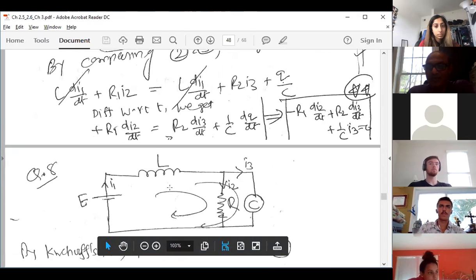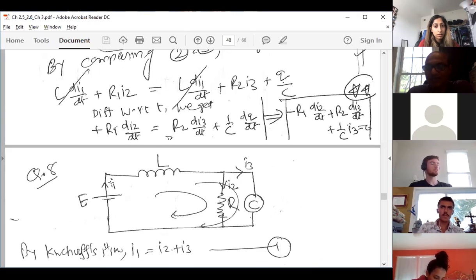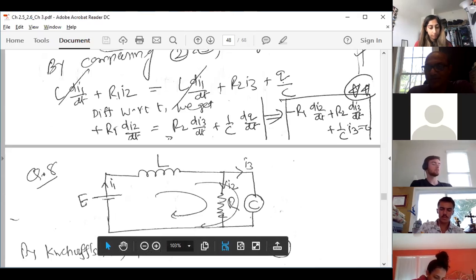Again, this circuit is given to us. 2 loops are there. Current I1 is bifurcated into 2 parts, I2 and I3. First equation is Kirchhoff's first law, I1 equal to I2 plus I3. Second, for the closed loop circuit, you can give the name A, B, then D. Don't give E, A, B, D, F, G, H, something like that.